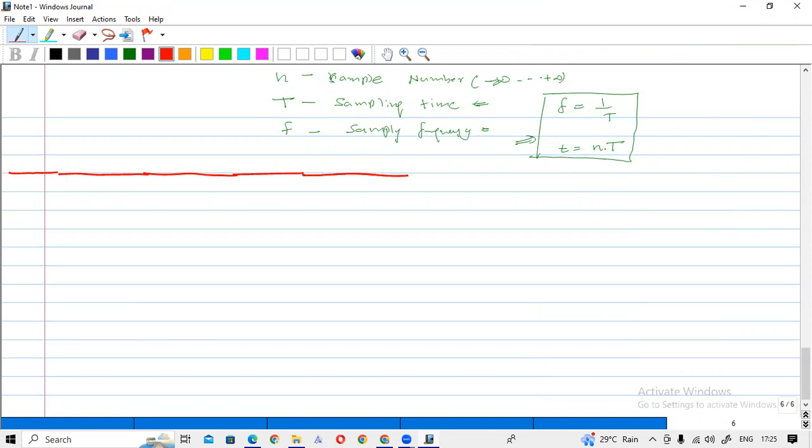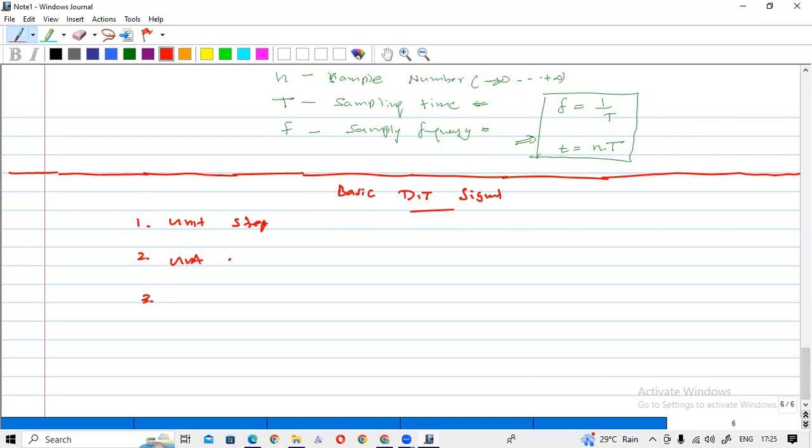Now let's come to our topic. Now we are going to learn basic discrete time signals. I have told you that we are going to learn three functions: unit step function, unit impulse function, then sinusoidal function.